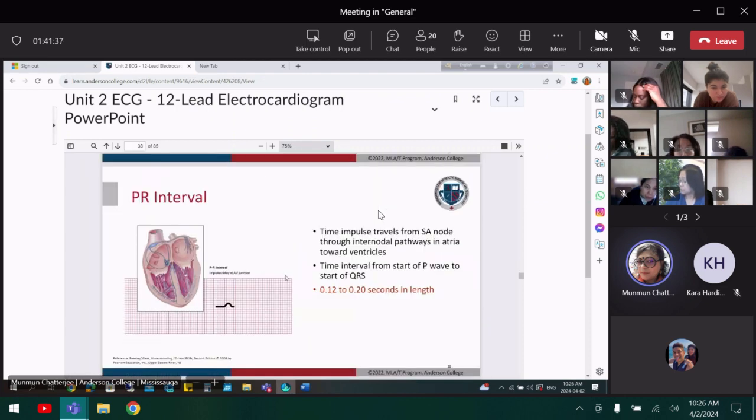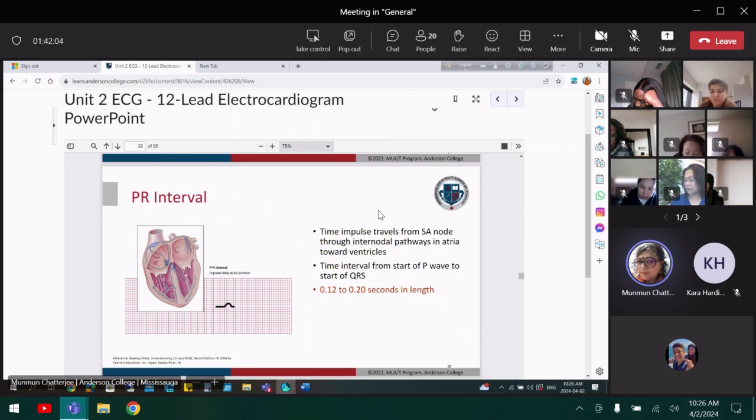Now the PR interval. What we told you is that the PR interval is the time from the start of the P wave to the beginning of the QRS complex, right? It is 0.12 to 0.20 seconds in length. It is the time the impulse travels from the SA node through the internodal pathways in the atria towards the ventricle.